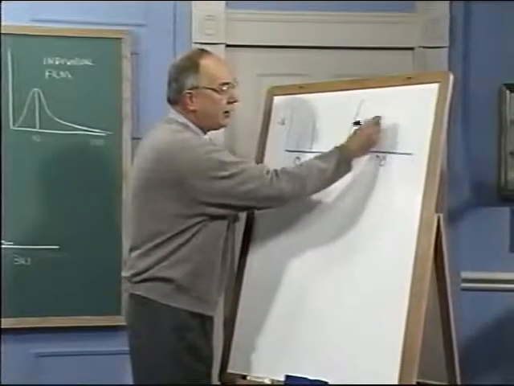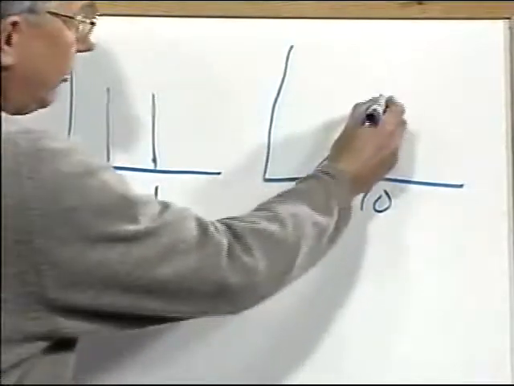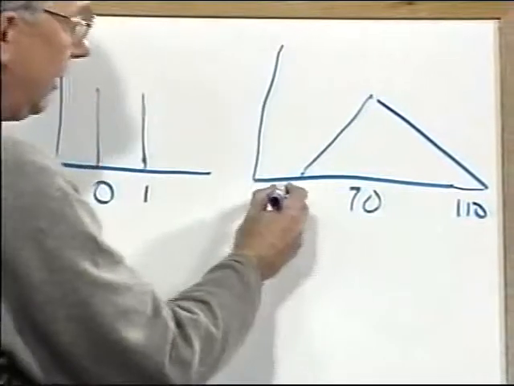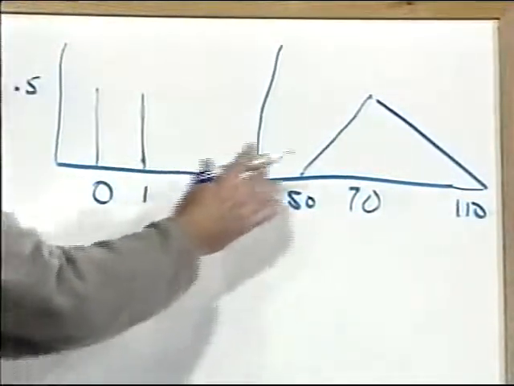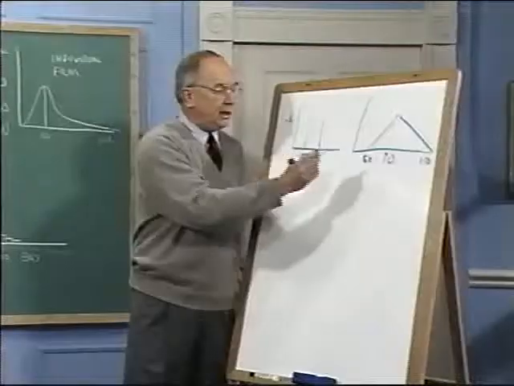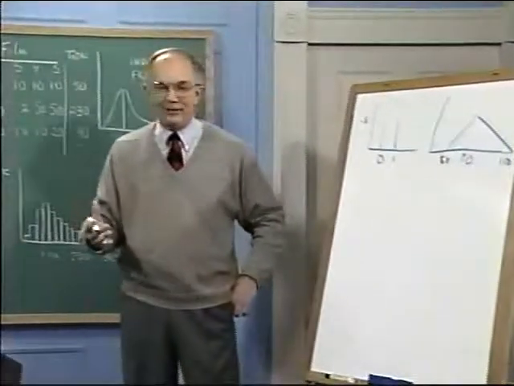The most likely value is 70. And I can draw any distribution here that I'd like. I might be able to charge, say, up to 110, but it may be forced to go down to 50. And this is what's known as a triangular distribution. And as I was mentioning yesterday, pessimistic, most likely, optimistic, business people kind of like to think this way.